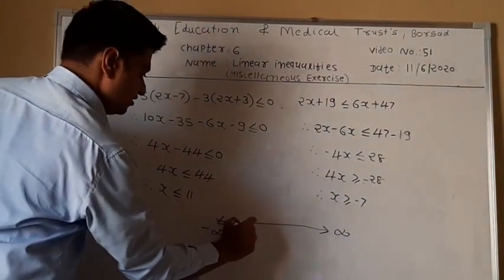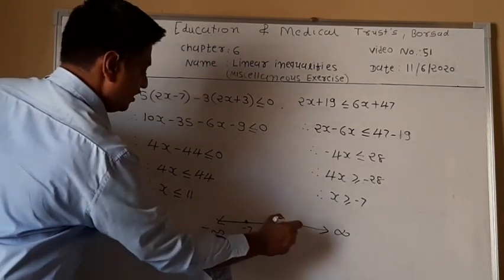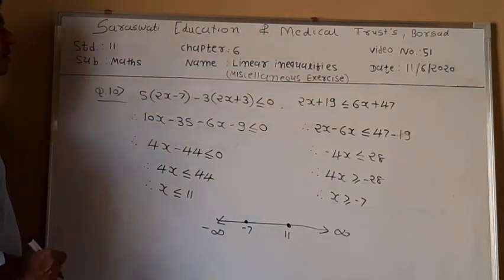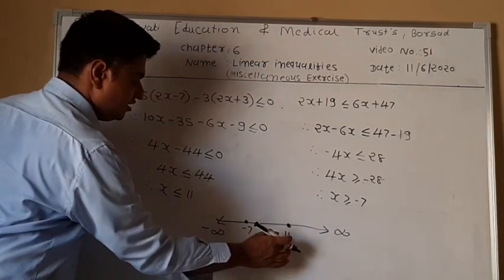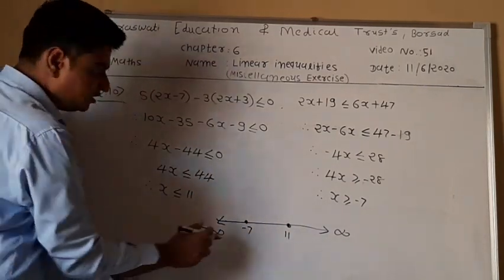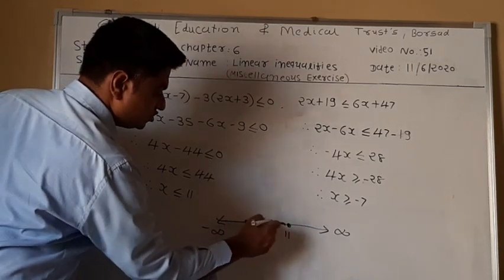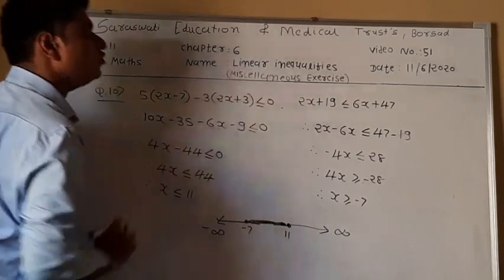Minus 7, that means the position is here. Here we draw a dark point, and here also we draw a dark point at 11. Now the arrow from minus 7 goes this side and the arrow from 11 goes this side. So the common portion is between minus 7 and 11. Our shaded portion is minus 7 to 11.